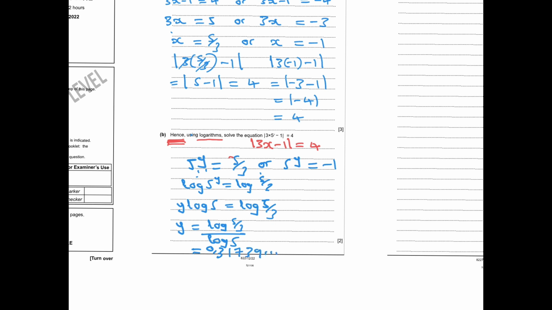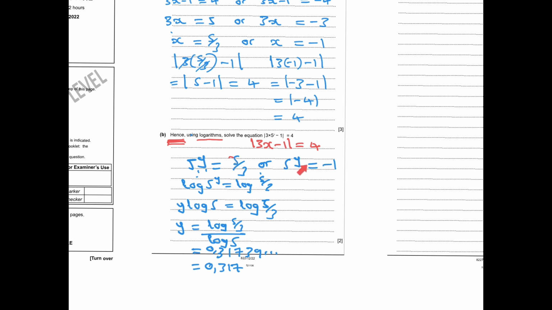Of course, I can't continue writing everything that is on the screen. Now if I round off that to 3 significant figures, because remember, to 3 significant figures, we start counting from here, 1, 2, 3. So now you see this 3 is less than 5, so it doesn't affect this number here. So all we need to have is 0.317. That is 3 significant figures. Okay, so that is for 5 to the power of y is equal to 5/3.